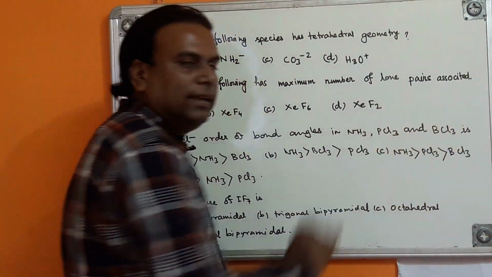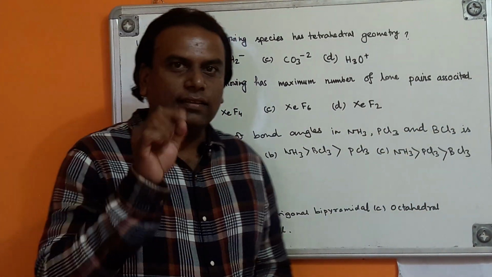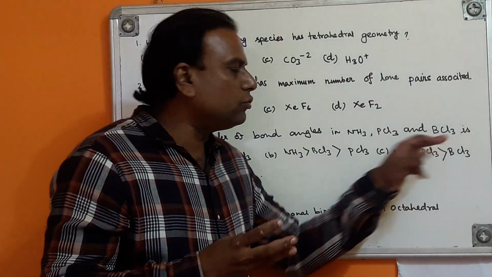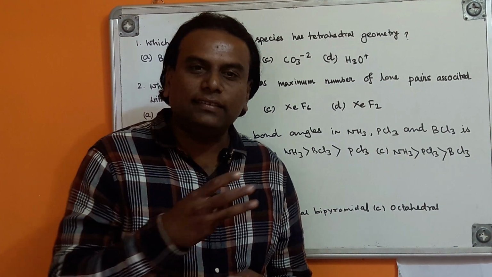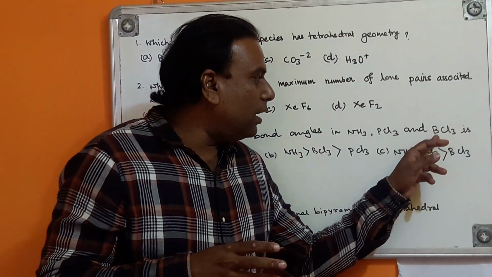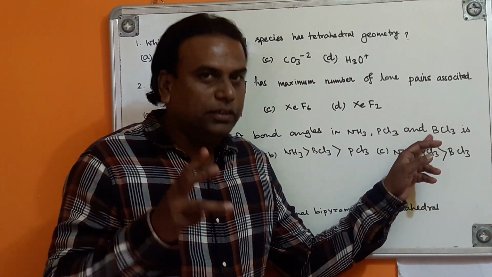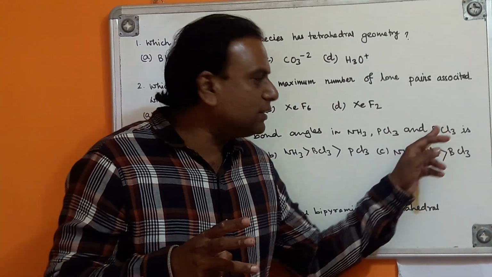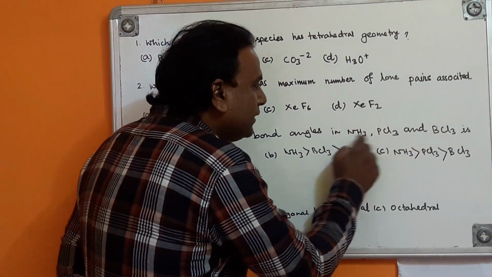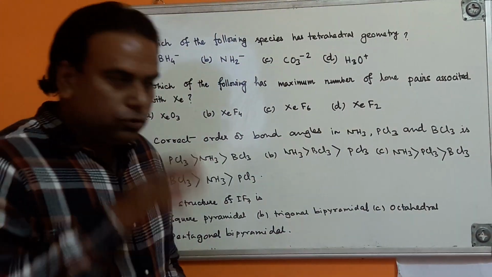But in BCl3, boron has 3 valence electrons and it forms 3 bonds with chlorine. That means 6 electrons, so 3 pairs of electrons. So the hybridization of boron is sp2. That means in this compound the bond angle is 120 degrees, which is much greater than these 2.